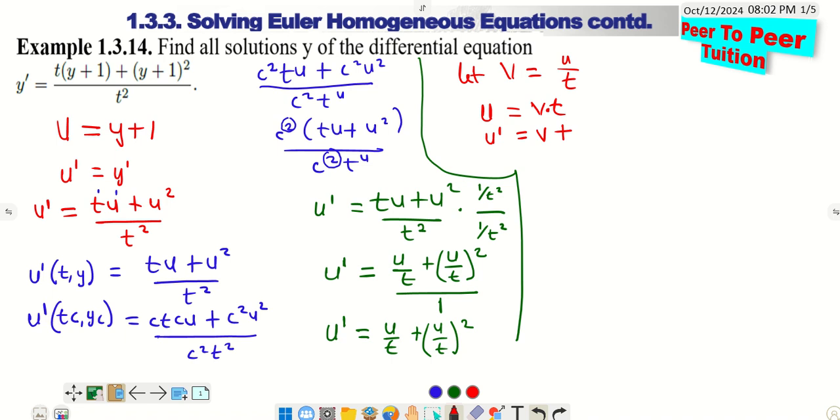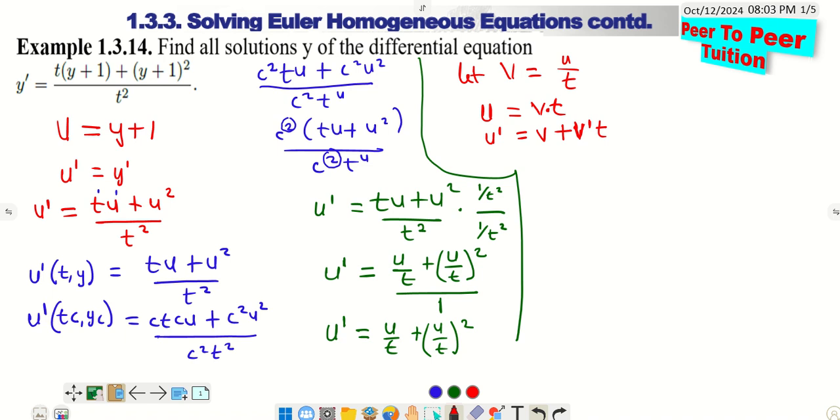If I differentiate v with respect to t, I'll get v prime t. So this is what I have. So you can see that I now have an expression for u prime.